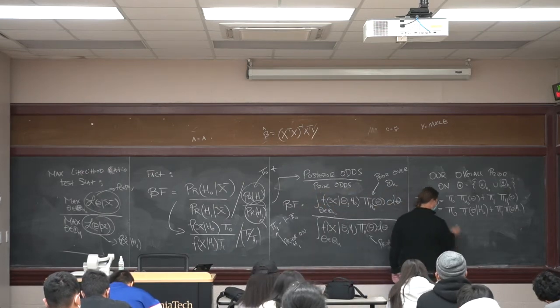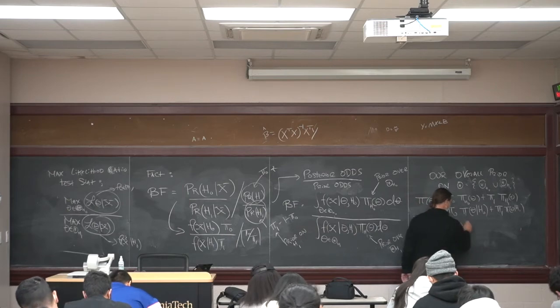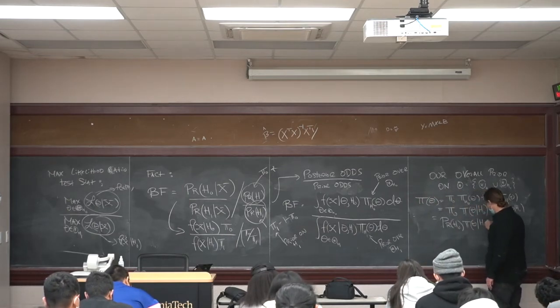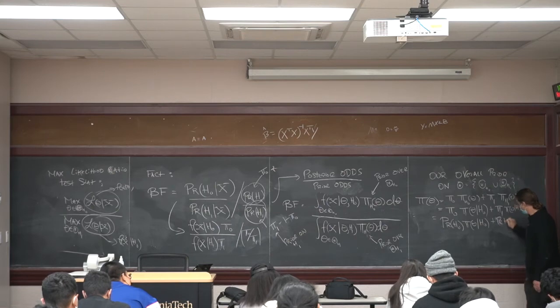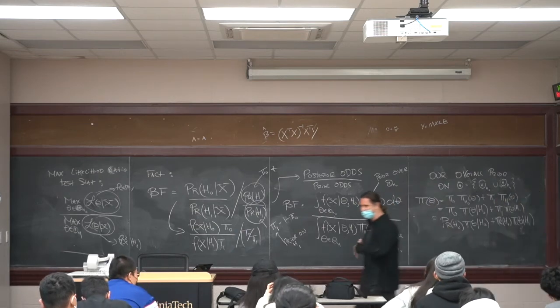So this is probability of h naught times pi(theta given h naught) plus probability of h1 times my continuous prior on theta.